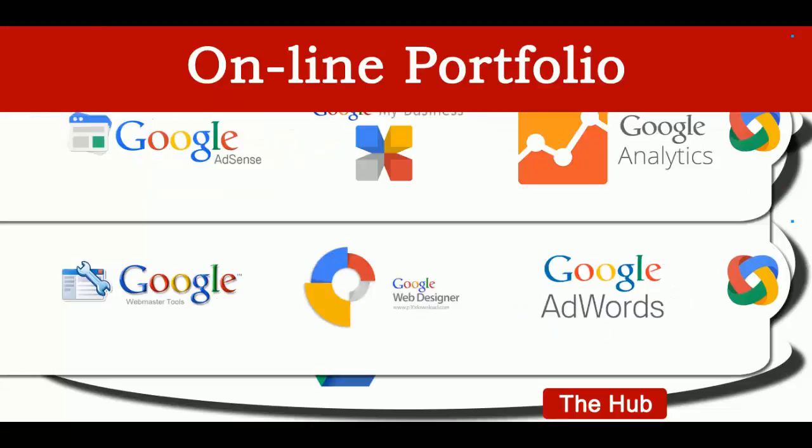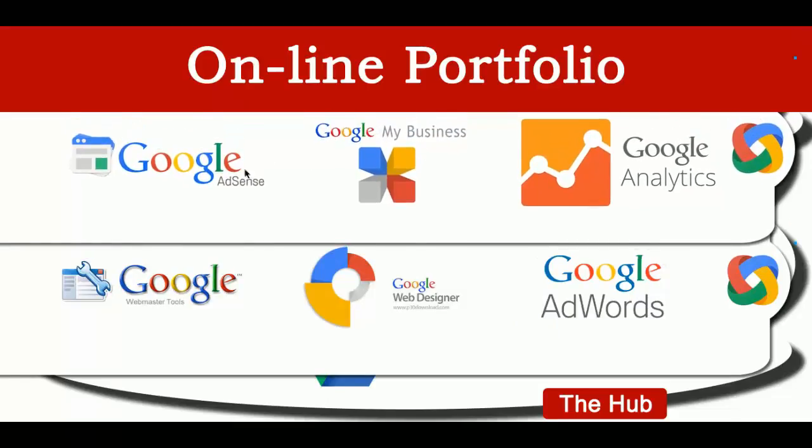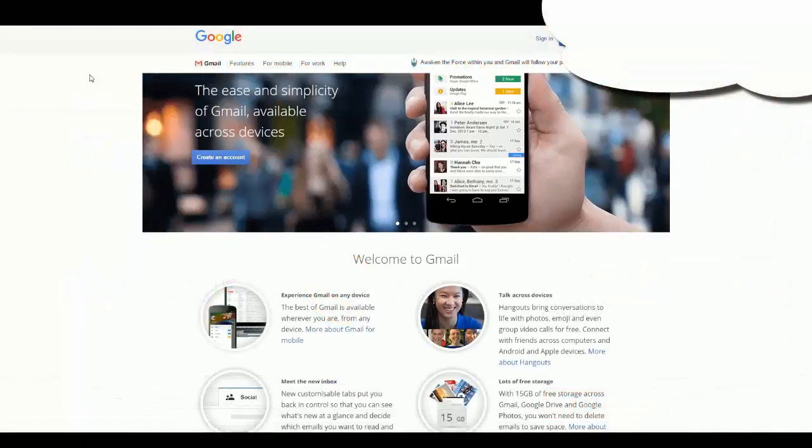And now let's do a complete rundown of what we discussed with the Google setup and the complete hub. So on over here, we're going to set up a Gmail account with your name.